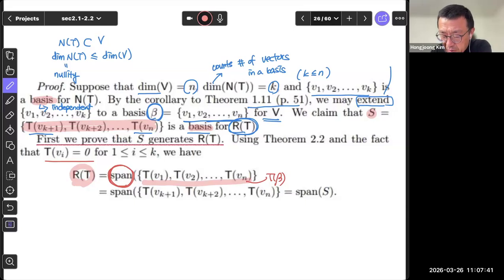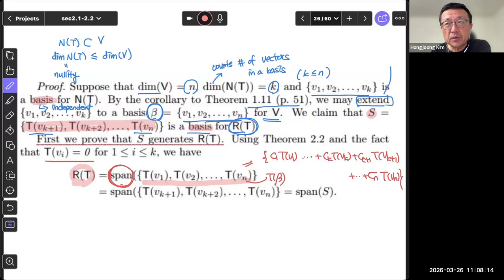So please remember that the span of T of v1 up to T of vn is the collection of all the linear combinations of these n vectors, say c1 T of v1 up to ck T of vk, c(k+1) T of v(k+1) up to cn T of vn. So the span of these n vectors is the collection of such vectors.